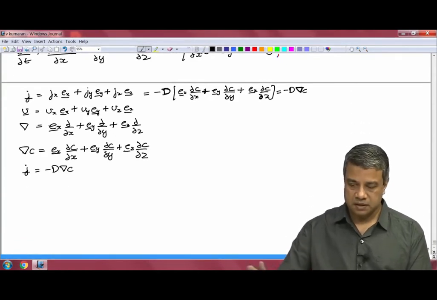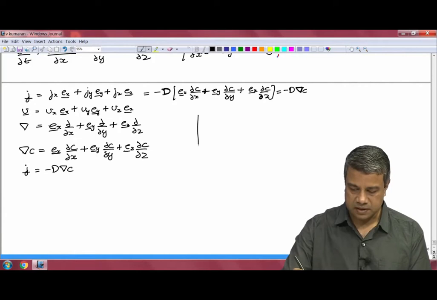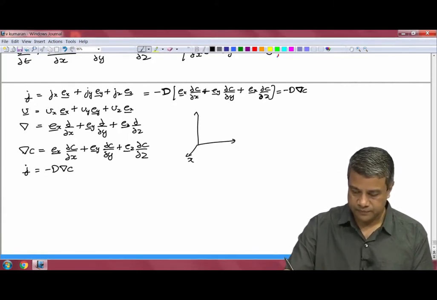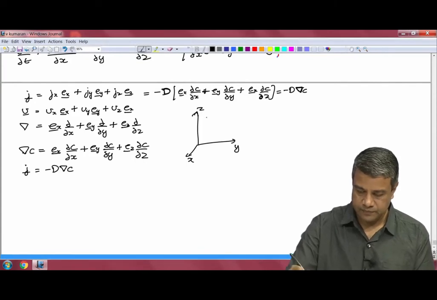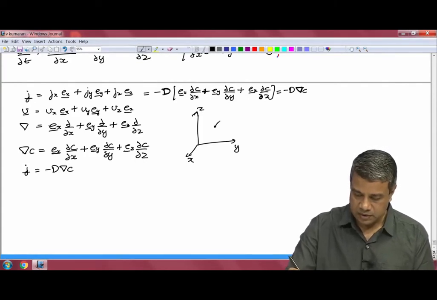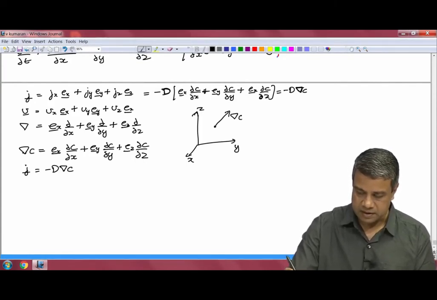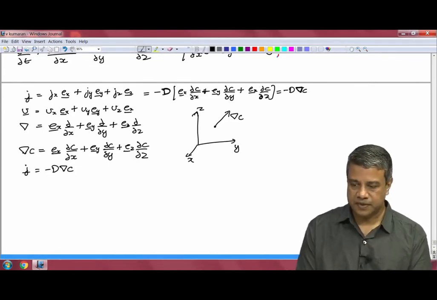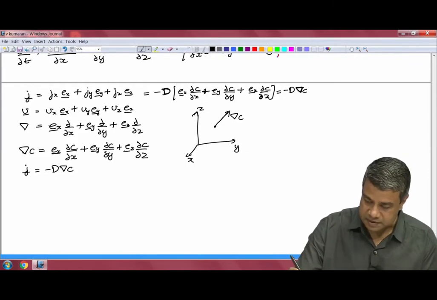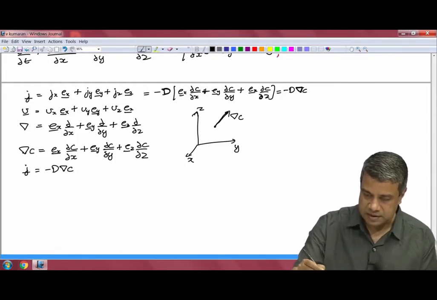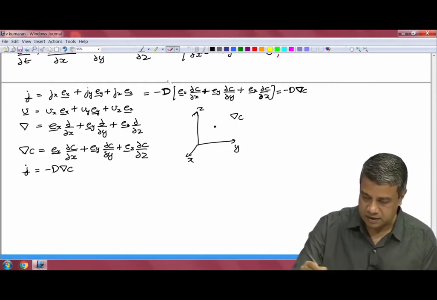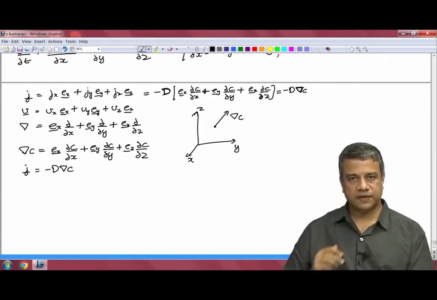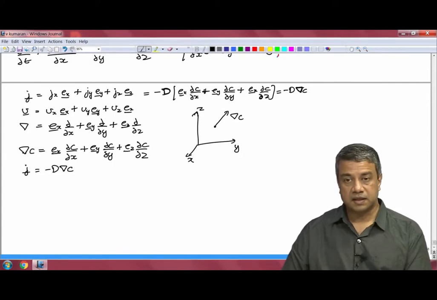So, for example, if I had an x, y, z coordinate system, at some point the vector grad C, the gradient of the concentration, is a vector in space. As we will see a little later, it is directed along the direction of maximum variation of concentration. So, this is a vector in space, and it has components.